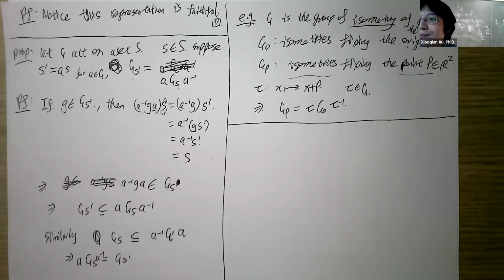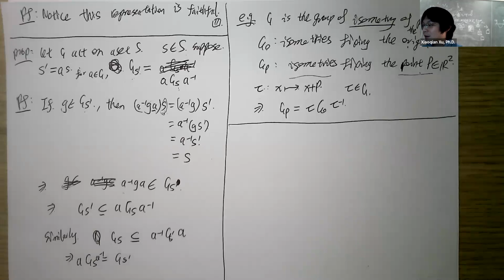Question? Can you explain isometry? Yeah, an isometry just means a map from R2 to R2, and it keeps the metric on R2.